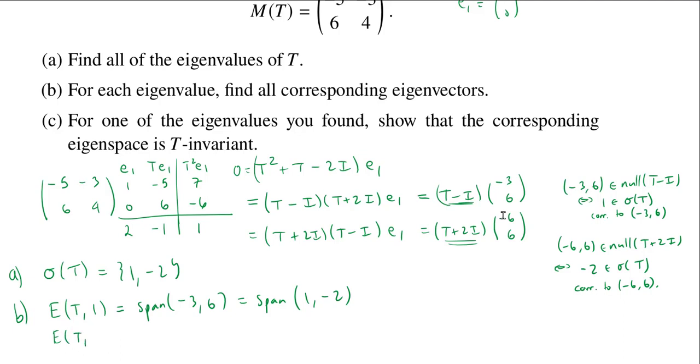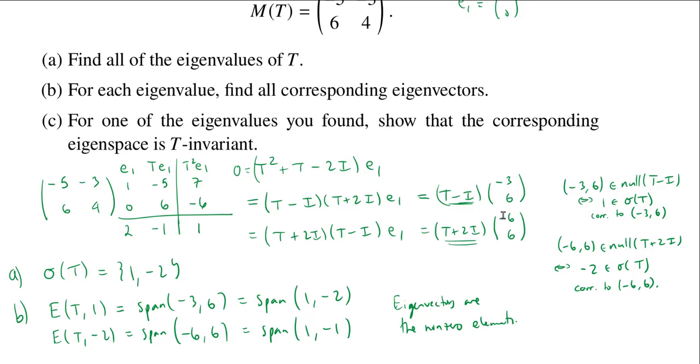And how about the eigenspace for negative 2? That will just be the span of, well, in this case, (negative 6, 6). And again, if we like, we could divide by negative 6, and we'll get (1, negative 1). All right, and of course, the eigenvectors are the non-zero elements of the eigenspaces.